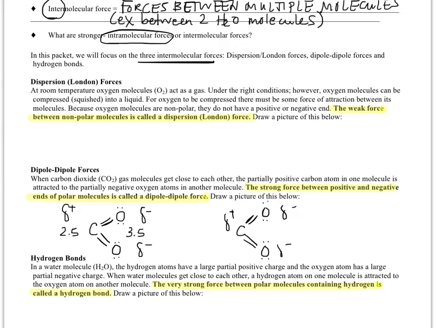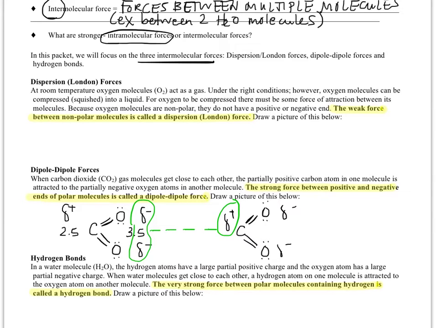Next thing you know, there's an attraction between the negative end of one of the carbon dioxide molecules and the positive end of the other carbon dioxide molecule. So you get this little attraction, I'm going to draw it with a dashed line, between this negative end and this positive end, because opposites attract.